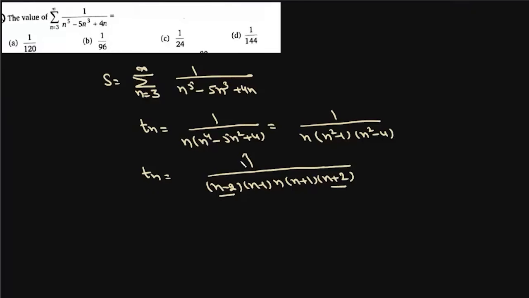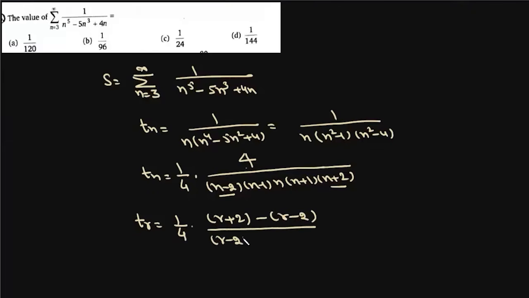So what we'll do is we'll multiply with 4 and divide with 4. So we can write its general term, or its rth term, as 1 by 4, and here it will be r plus 2 minus r minus 2 upon r minus 2, r minus 1, r plus 1, r plus 2, and we'll split it in two parts.